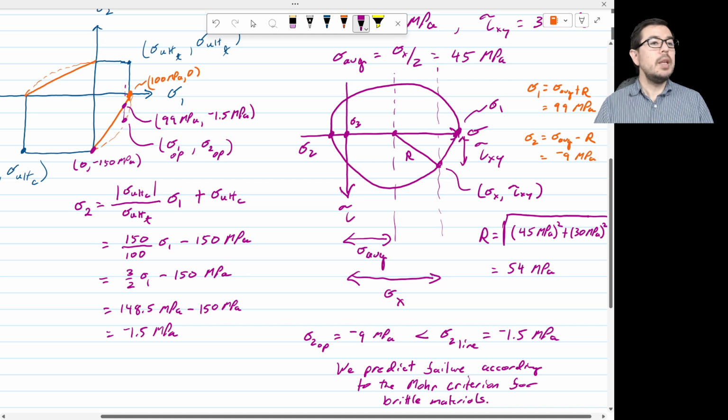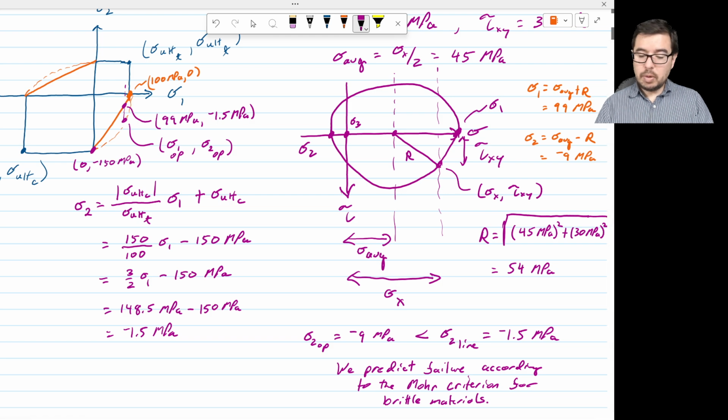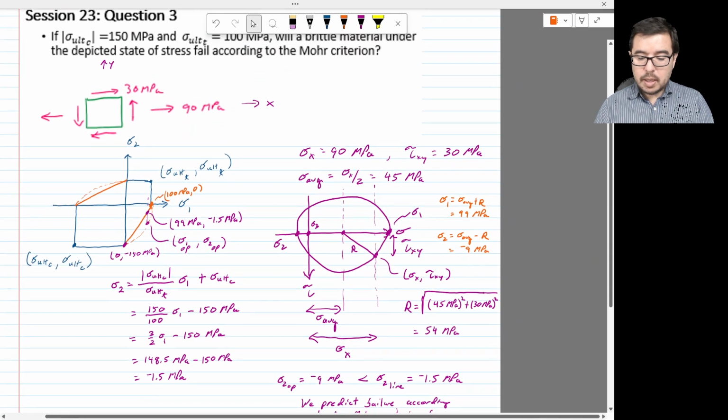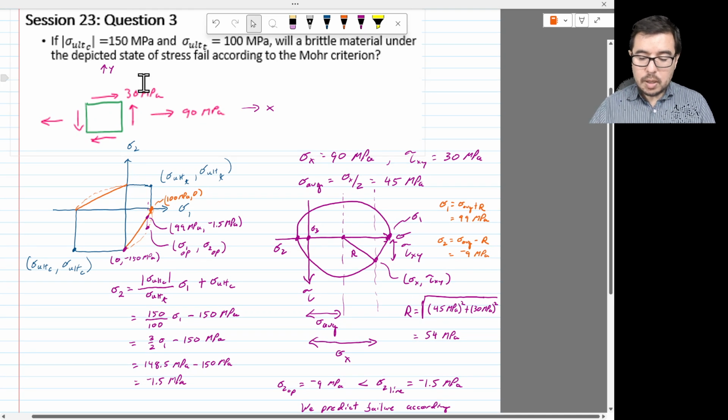All right. I hope you have found this example useful. And to recap, what we've done is we've gone from a description of the ultimate compressive strength and ultimate tensile strength to Mohr's criterion, to looking at the operating state of stress and getting the principal stresses so that we can then make a comparison to the Mohr criterion.